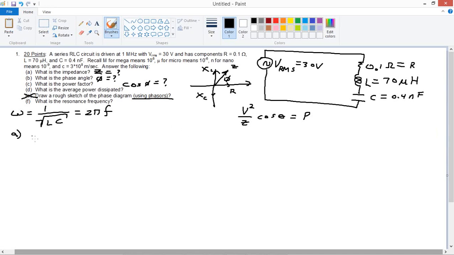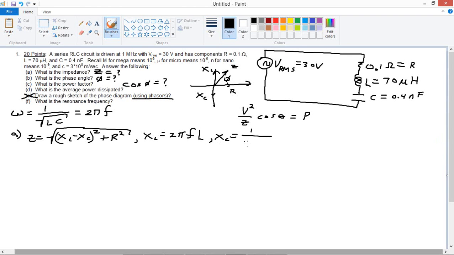Z equals the square root of (XL minus XC) squared, plus R squared. XL is 2 pi f times the inductance L. XC is the reciprocal of 2 pi f C. This is a plug and chug.